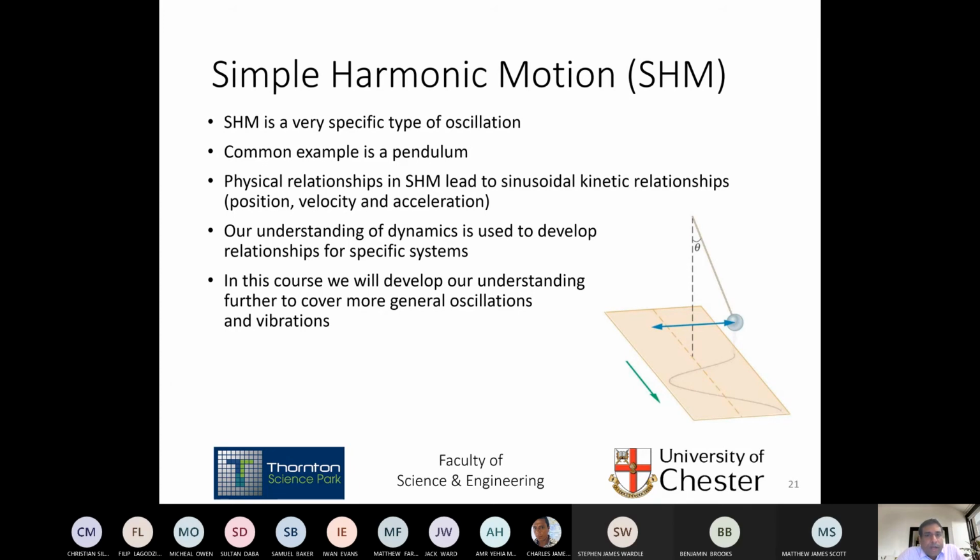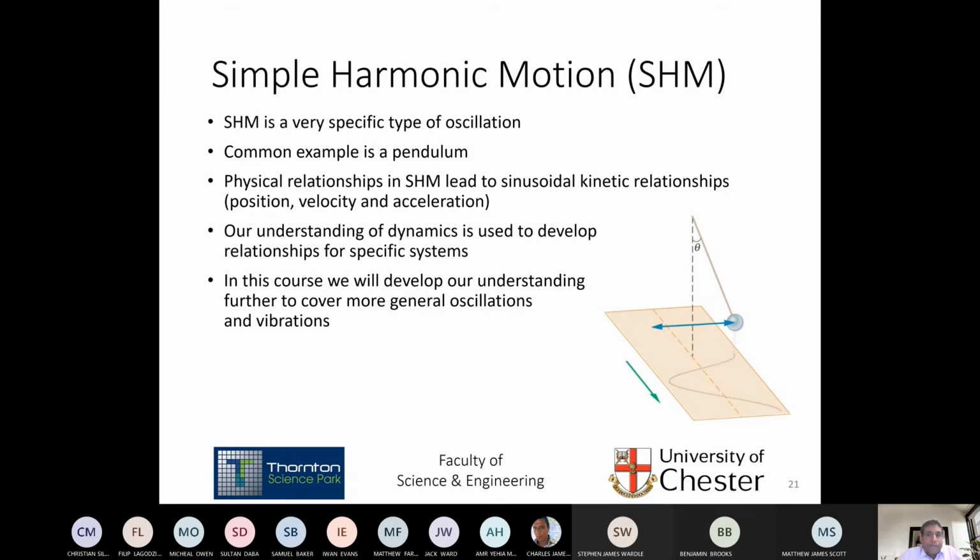Physical relationships in simple harmonic motion lead to sinusoidal kinematic relationships in terms of position, velocity, and acceleration. If you take a derivative of a sine wave, you get a cosine wave, that gives you the velocity. Then you take the derivative of the velocity, you get another sine wave, that's the acceleration.